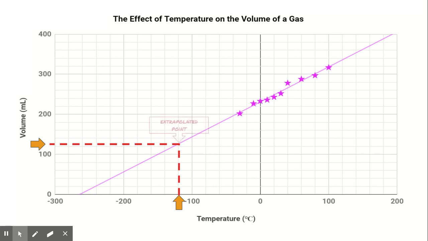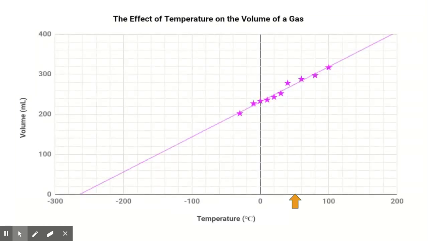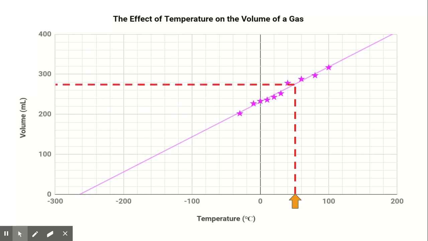Another example on the same graph is, what if we want to know the value of the volume of the gas when the temperature is about 50 degrees Celsius? Once again, I go straight up until I hit my trend line, straight across until I hit my y-axis.